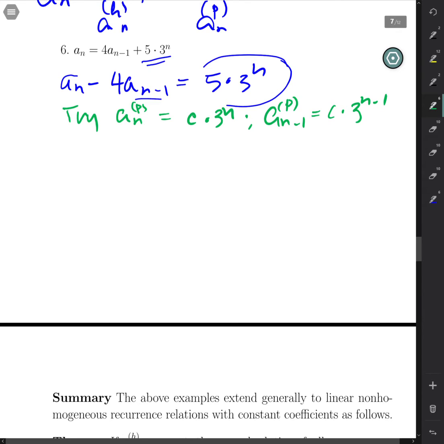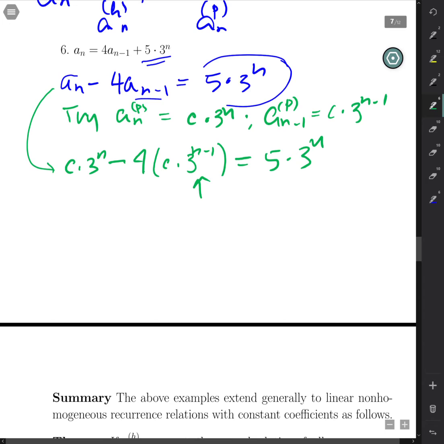And lo and behold, you put these into the equation here, and we have c times 3 to the n, that's our an, minus 4 times c times 3 to the n minus 1 equal to 5 times 3 to the n, like so. And we can cancel the 3 to the n minus 1.